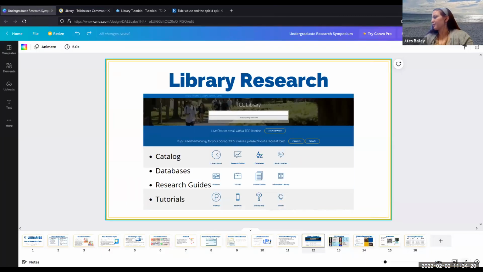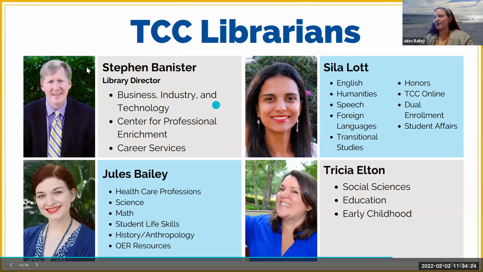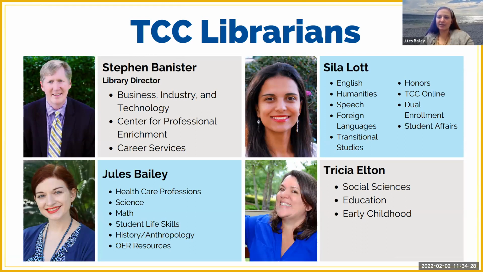Right, so who you're going to be talking to if you do this, these are the librarians and our library director at TCC. What's listed here are liaison areas, so we all have our own areas, but anyone can really help you with any subject. So don't think that because you're doing something in the humanities that this is the only person at the library that can ever help you.